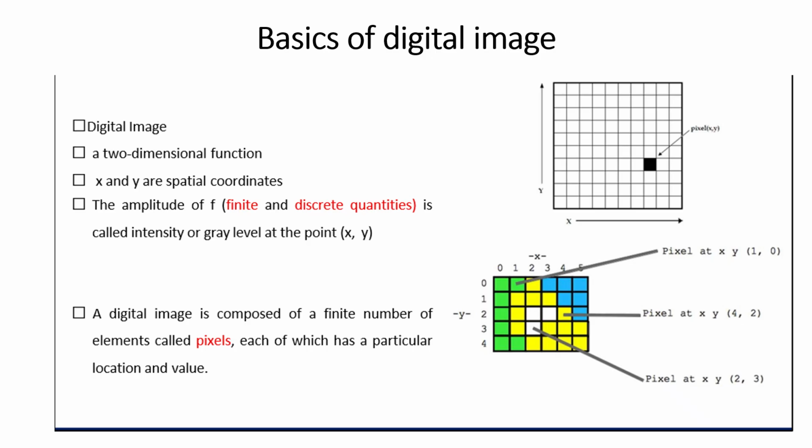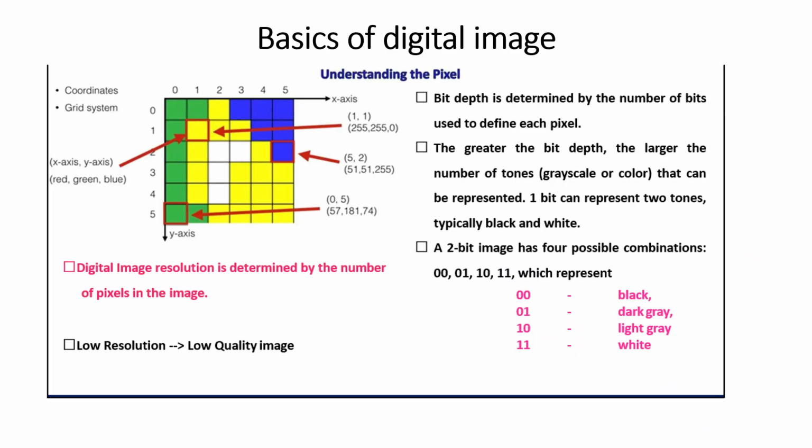So the location of this pixel is 4 comma 2. The same way it is shown for 2 comma 3. This is an example of an RGB image location. For a color image, a green pixel is described with three elements, R, G, B, so it has three coordinates.